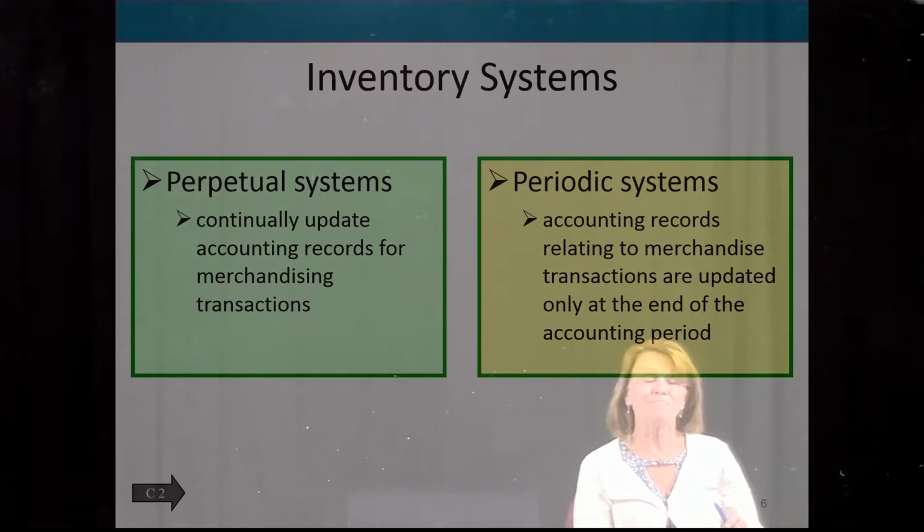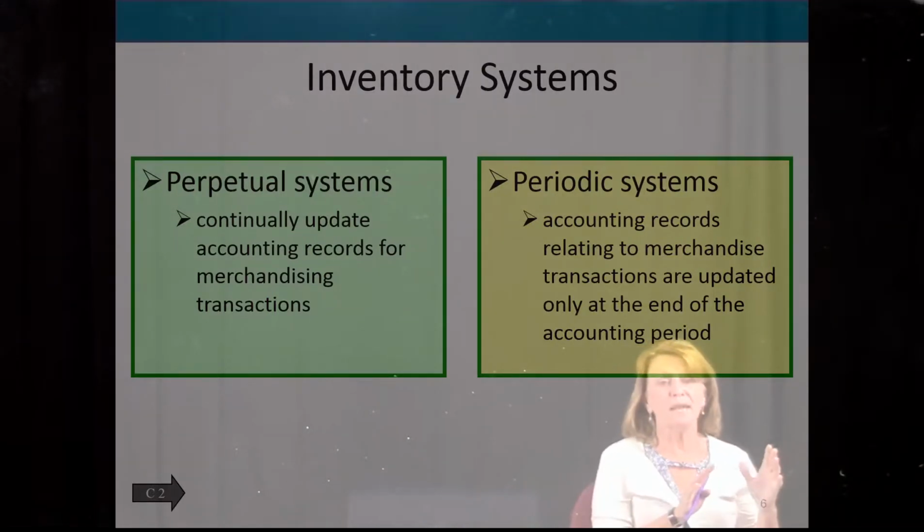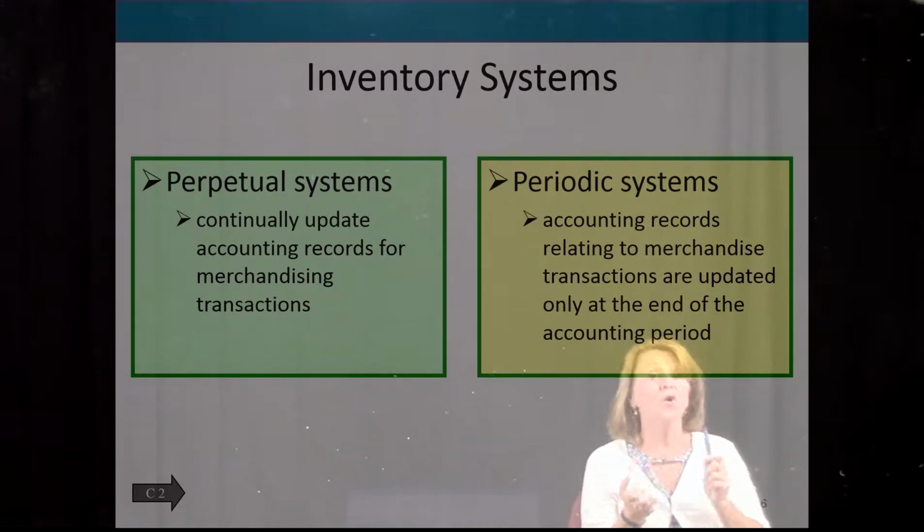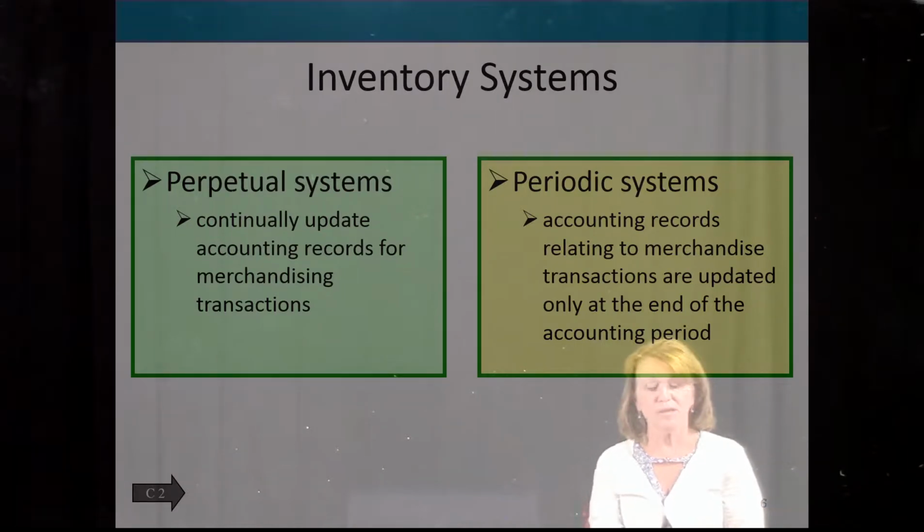Shrinkage includes theft, breakage, spoilage, anything that's happened that's made that inventory either not there or not acceptable for sale anymore. So they will do an inventory.